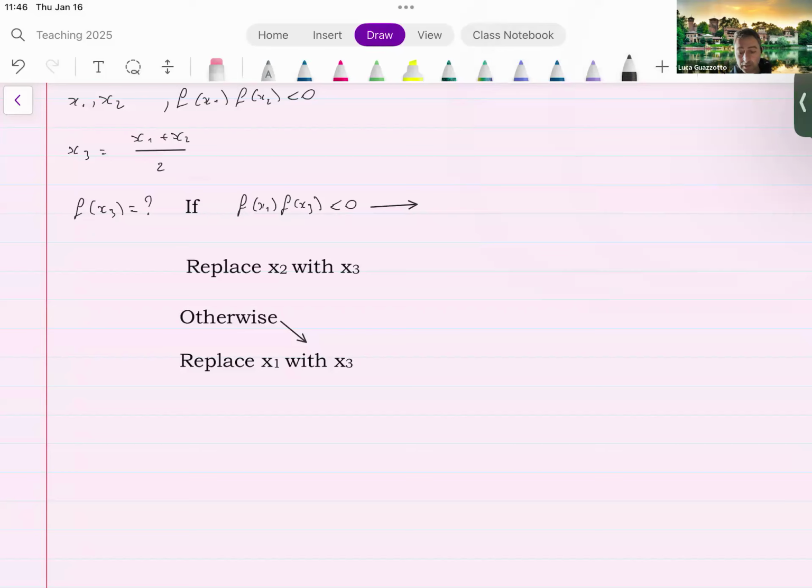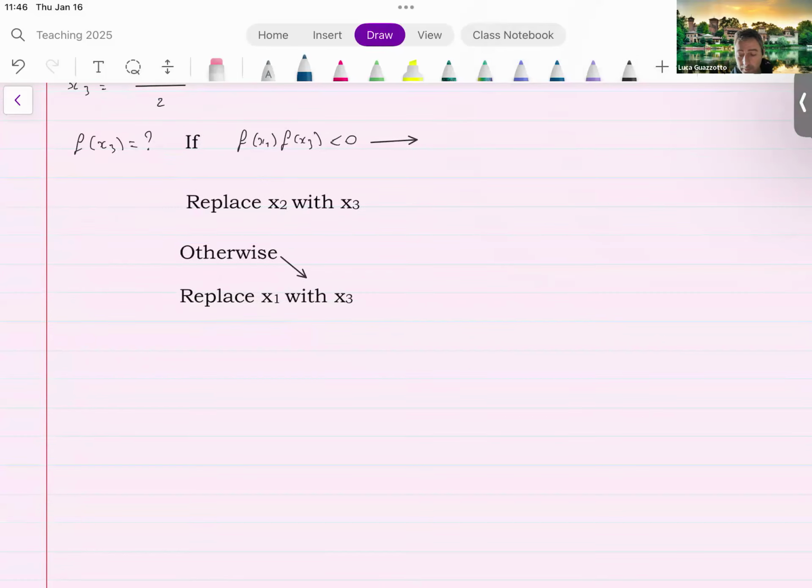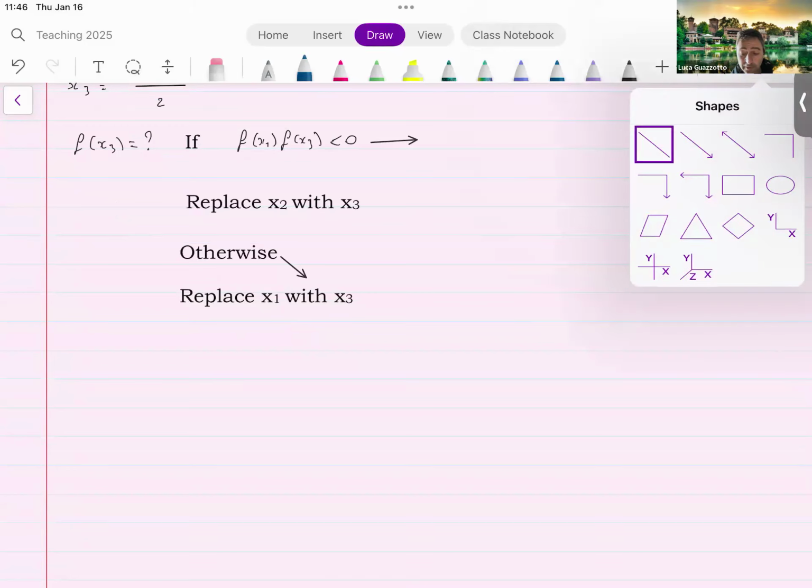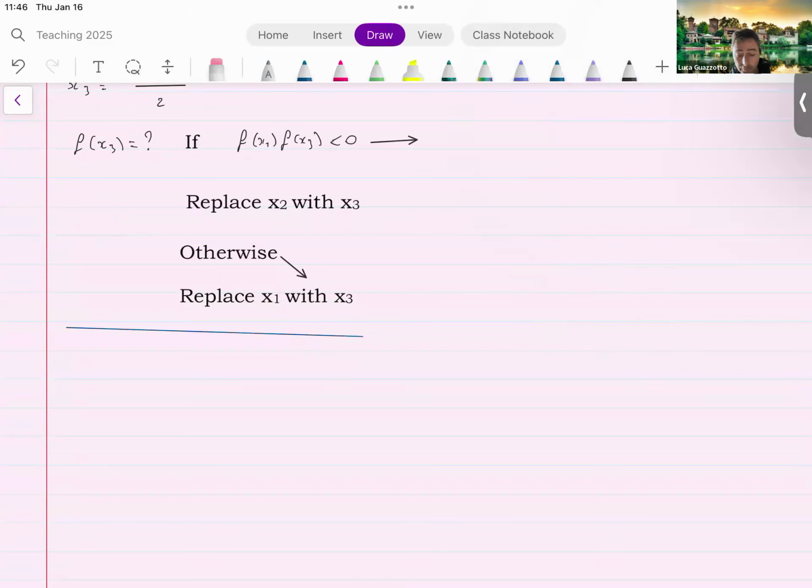We've talked a little bit about one of the issues you can have with bisection, that is, you forget to check or you mess up and you start with a function that is not continuous.